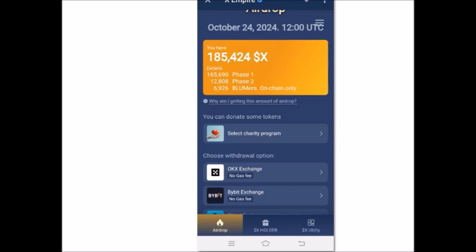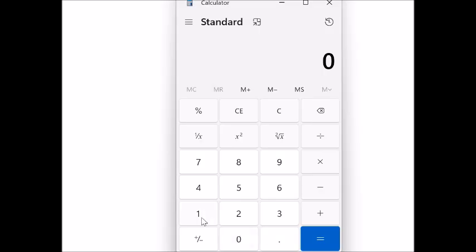Now let's go back again and see what she has if their listing price is this. Her allocation in Xempire was 185,424. So we'll go back to our calculator again and input 185,424. Then we multiply by, now we are going for three zeros, so 0.0005.